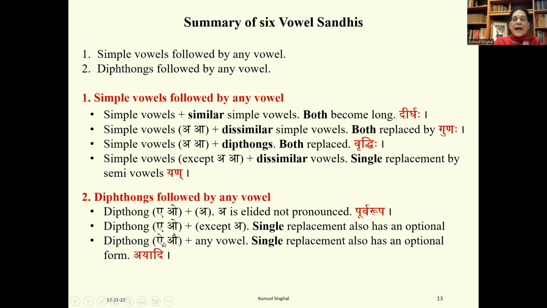And if ai and au are followed by any vowel, then there is a single replacement and it also has an optional form. So this sandhi is called the Ayadi Sandhi. So these are the six important sandhis: Dirgha, Guna, Vriddhi, Yan, Purva Rupa, and Ayadi. There are two more special sandhis which we will talk about next.